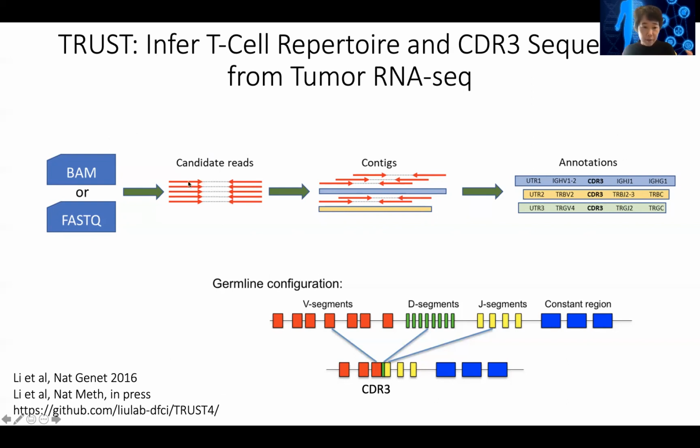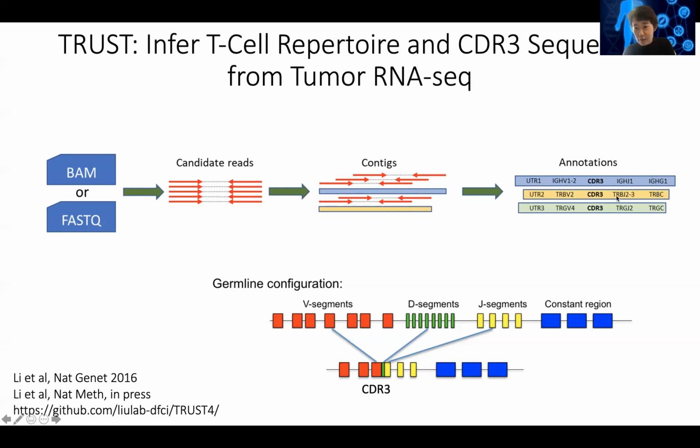And so even if one end or partial read can map to the V or J segment, which contain the VJ amino acid pattern, we will rescue them. And then with all these reads that are only partially mappable to either the V or J segment, we can then do de novo assembly to create the contig regions and then assemble the CDR3 sequence.